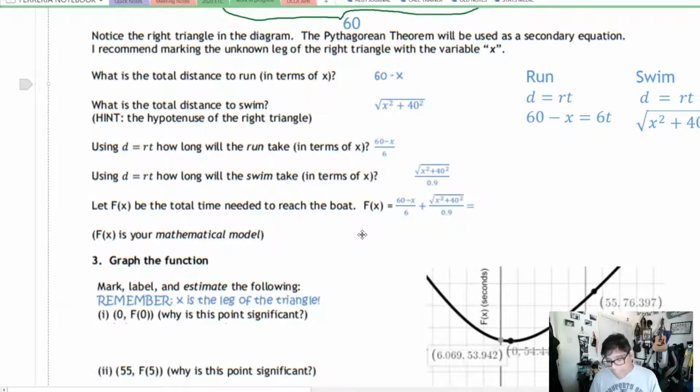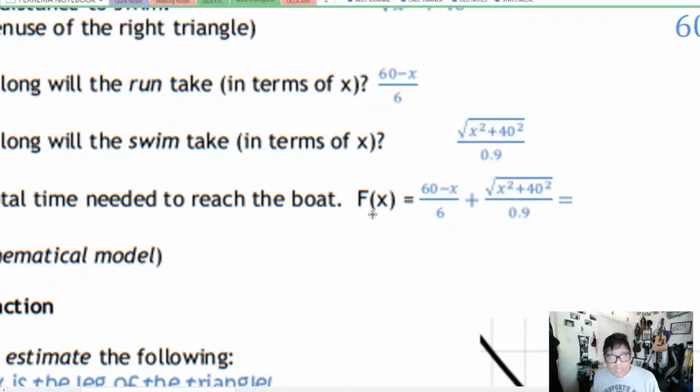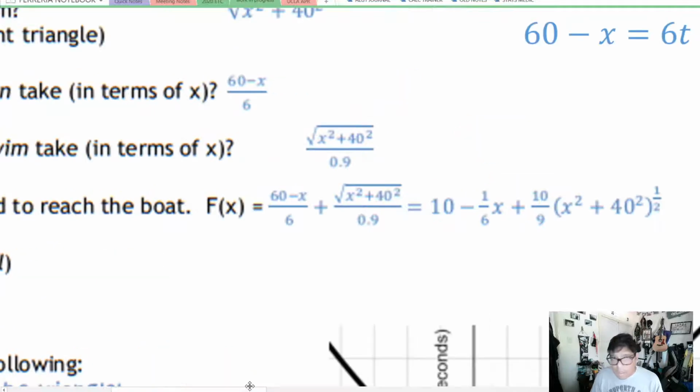Now we can simplify that a little bit. Actually, let's just zoom in a little bit here. We can simplify that to be 10 minus 1/6 x plus 10 over 9 multiplied by the quantity x squared plus 40 squared to the 1/2 power.